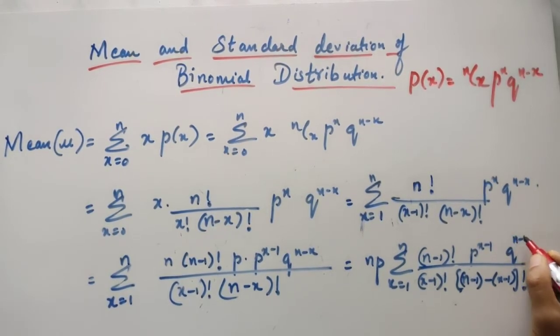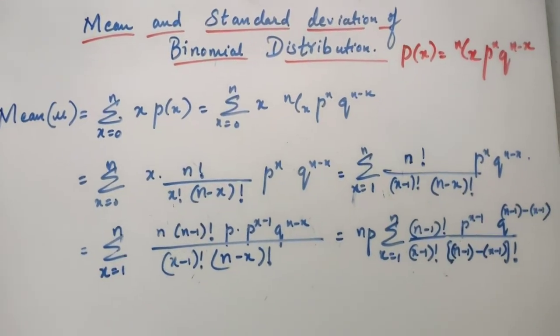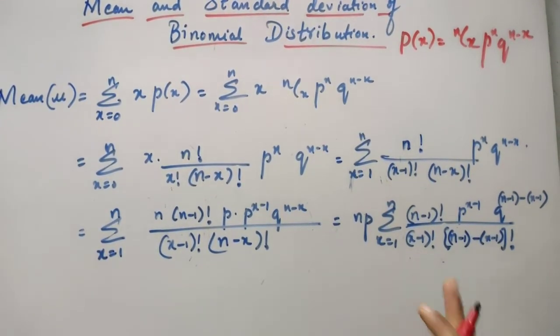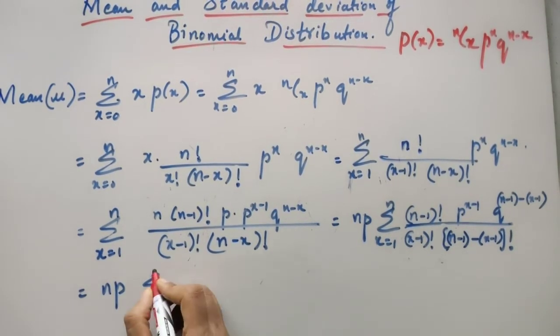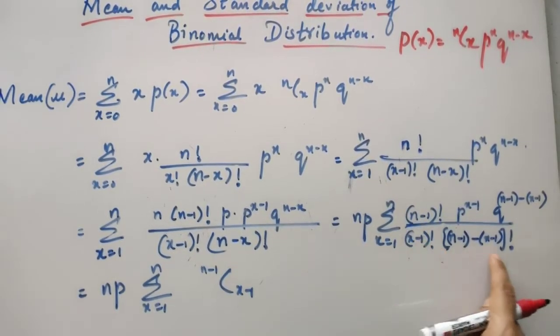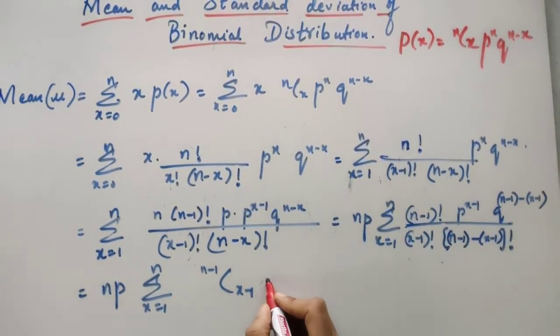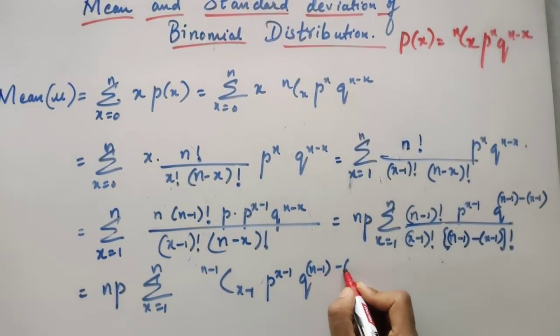So n minus 1 minus x minus 1 I can write. Now this is nothing but n into p, summation x going from 1 to n, n minus 1 C x minus 1, p raised to x minus 1, q raised to n minus 1 minus x minus 1.